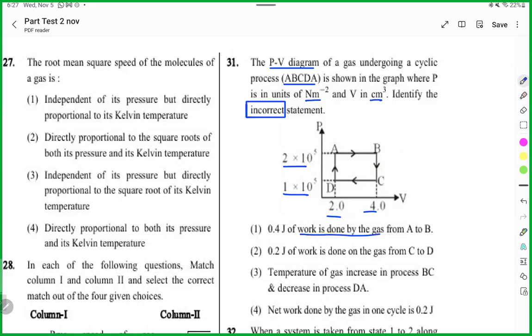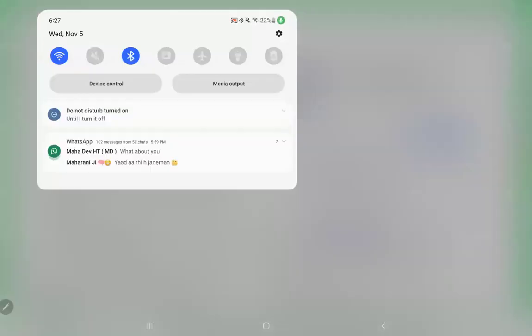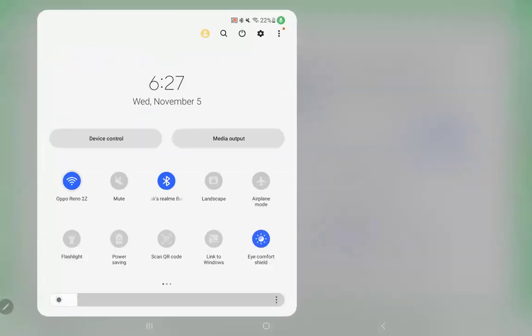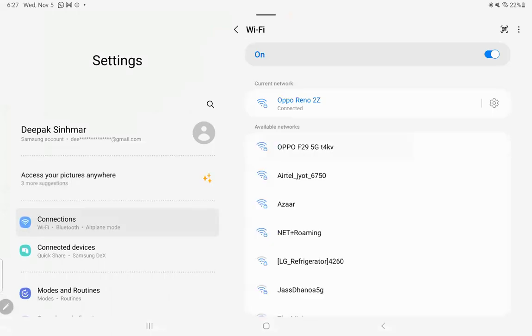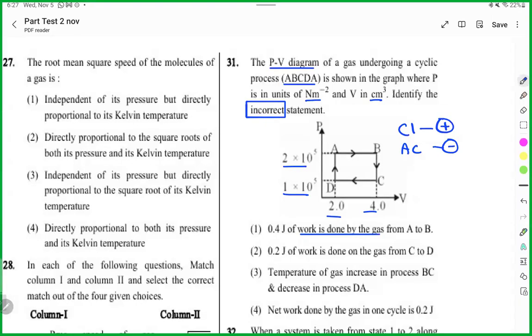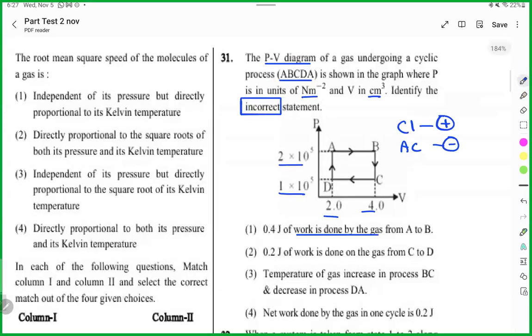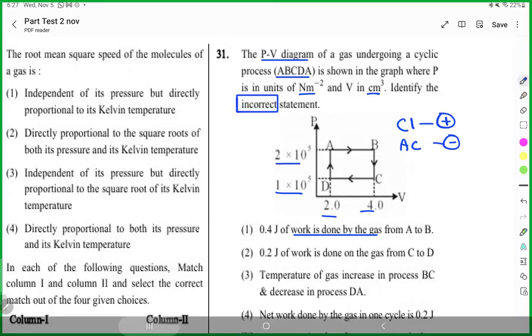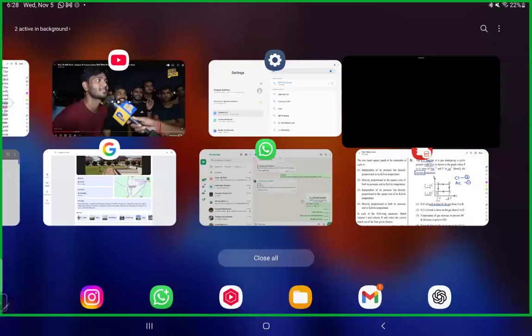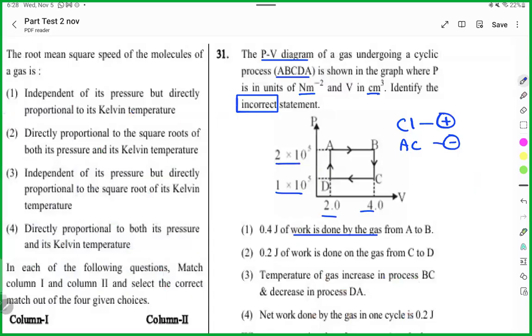ऑप्शन 3. Temperature of gas increase in process B to C. B to C pressure is decreasing, right? Volume is same. If pressure decrease, temperature will also decrease, right? Because when volume is constant, P is directly proportional to T according to the Gay-Lussac law.